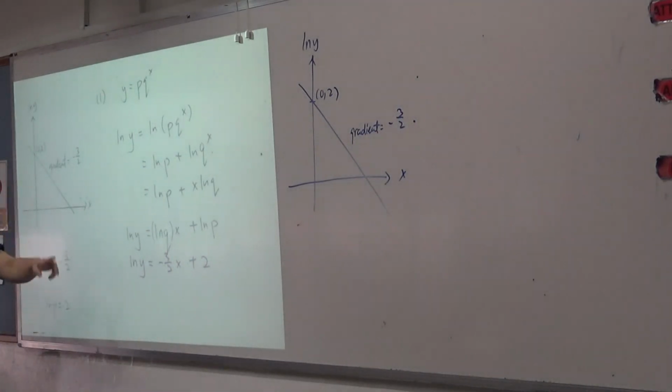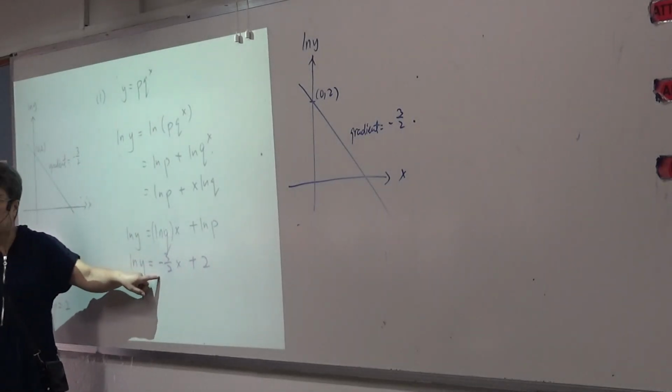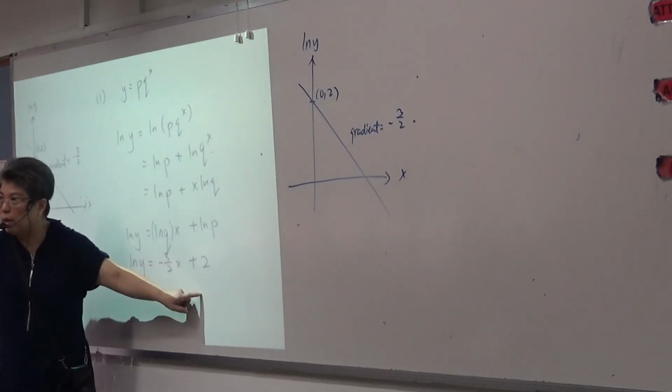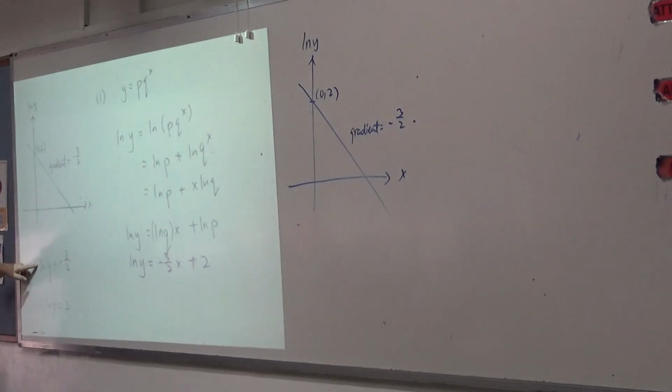Now, the question tells you the gradient is negative 3 over 2. Now, I put like that. Can you see log Q is negative 3 over 2? What is log P? What's log P? 2, right? The y-intercept, that means it's 2, correct? So I got these two answers already. I'll put log Q equals minus 3 over 2, right? And log P equals 2, right? I can solve already, correct? Now, log means base what?